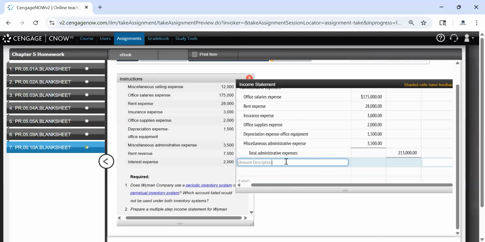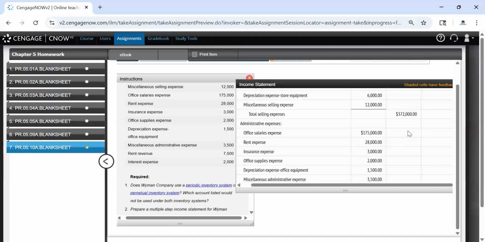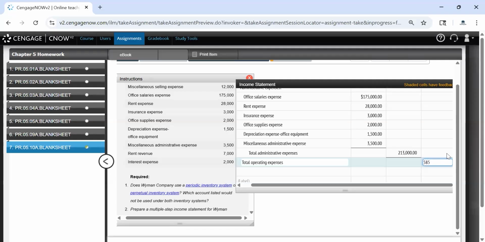So the total operating expenses are $585,000, and we get that from adding up our selling and our administrative expenses.